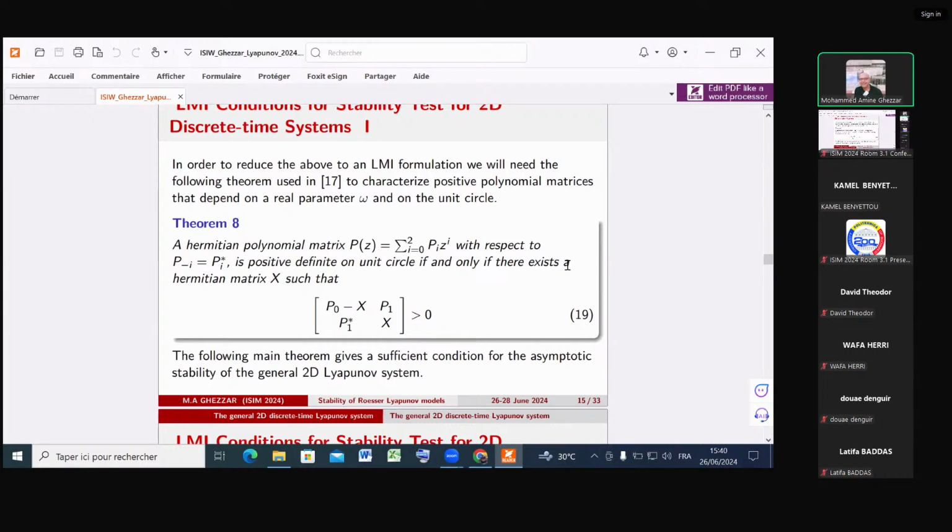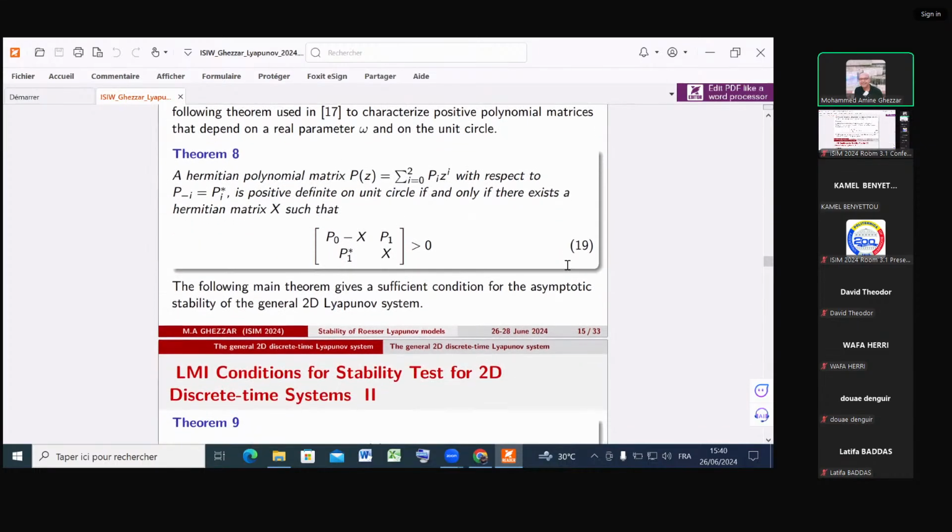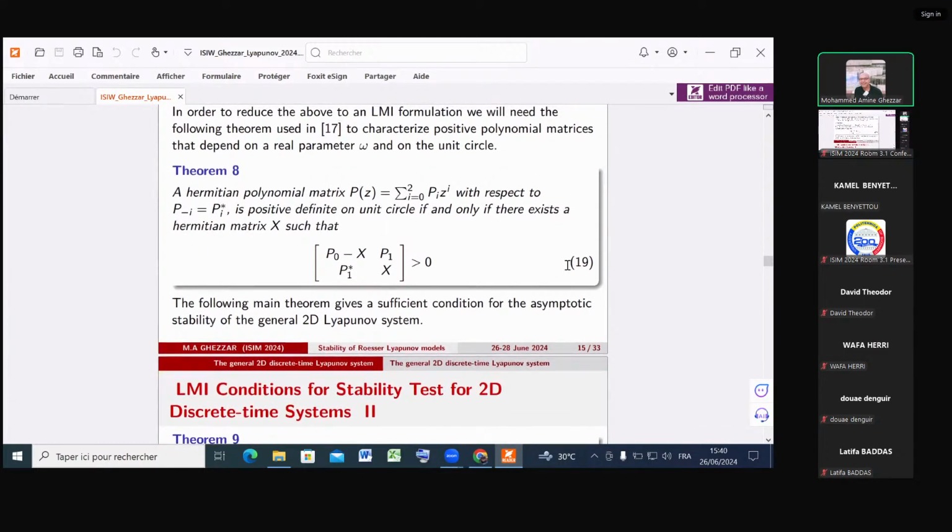We have just a particular case in the sense that we have two dimensions. In Jena et al., we have the generalization. But for our work, we have just to deal with the bidimensional case.